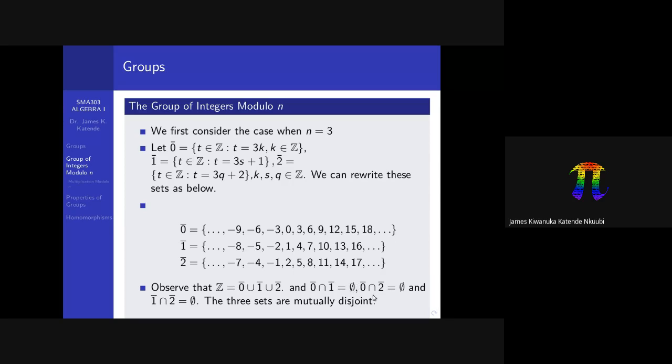This symbol here means the empty set. The intersection of any pair is empty. So these are important facts. We just need to keep track of them.